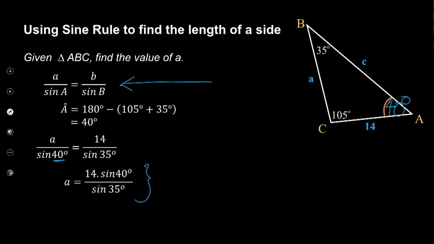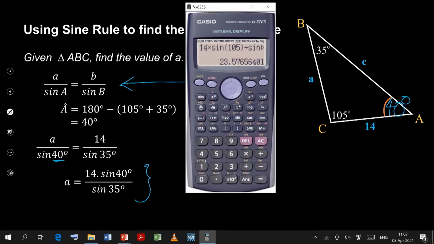And again, we're going to enter this into the calculator exactly as I showed you earlier. Let's see if we can do that quickly. Okay, so now we're putting this into the calculator. Let's clear that up first. So it's 14 times sine 40 divided by sine of 35.